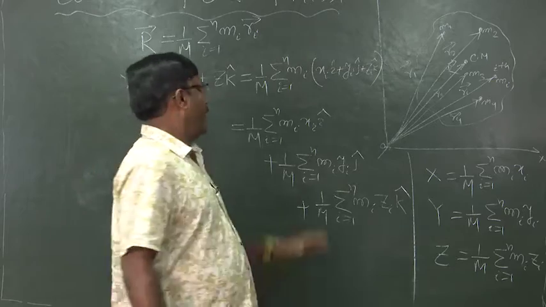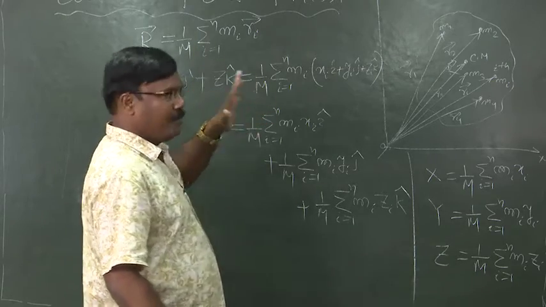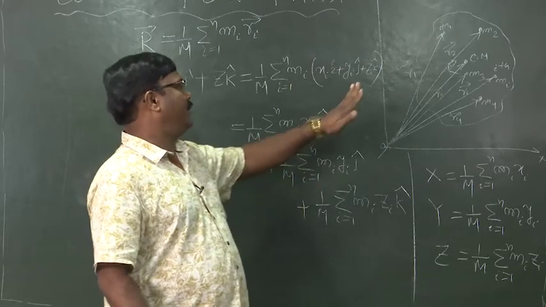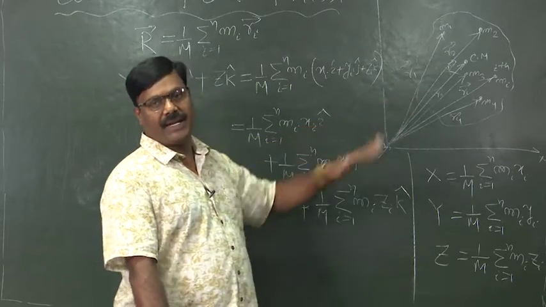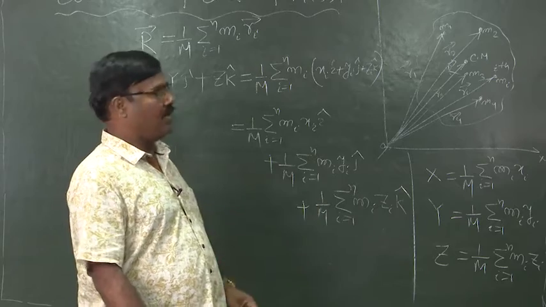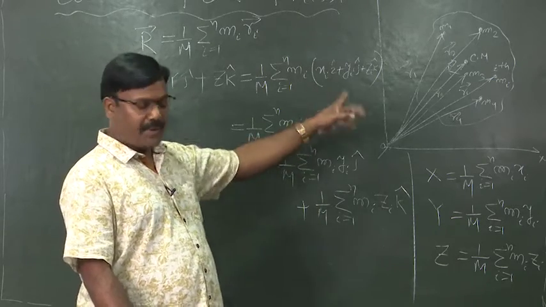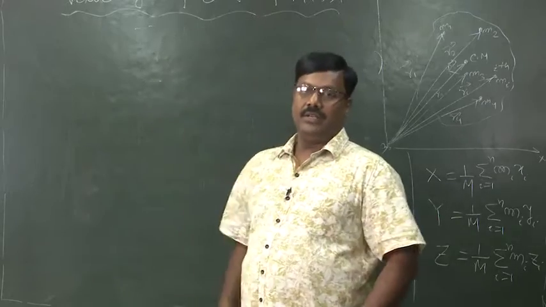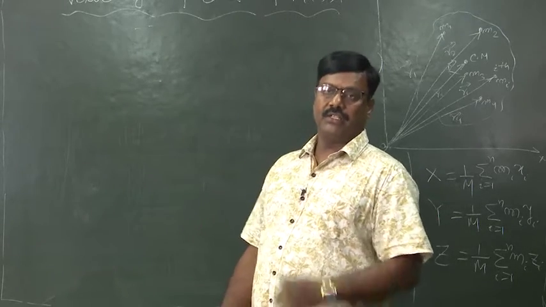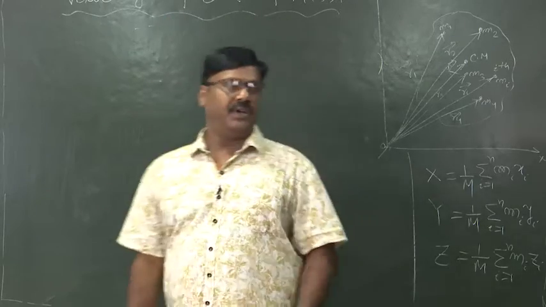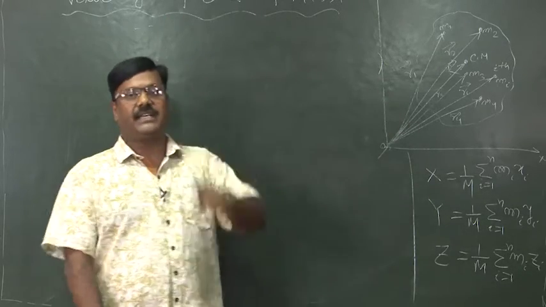Now, let us calculate the velocity of the center of mass of this system of particles.